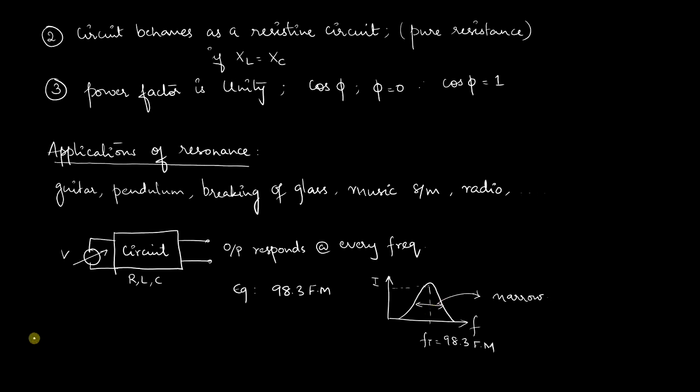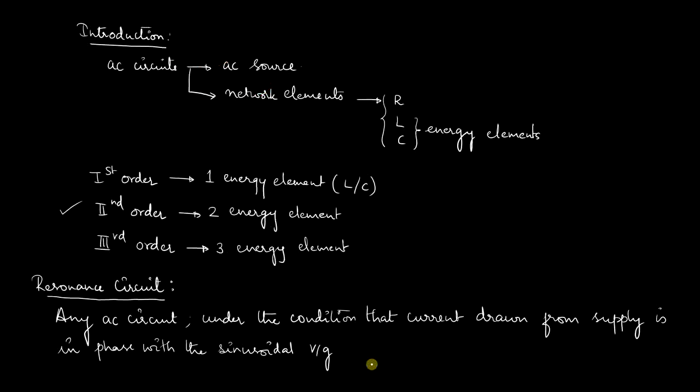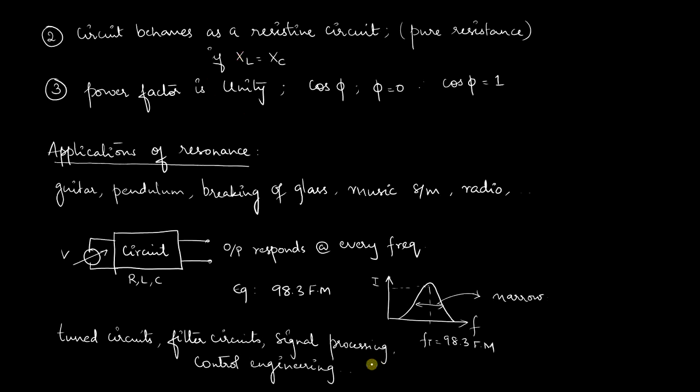Coming to other applications, you can apply this concept of resonance in tuned circuits, which are also used in your FM, in filter circuits, signal processing, and control engineering, and so on. We did look into what a resonance circuit is. Now coming to the classification of resonance circuits.